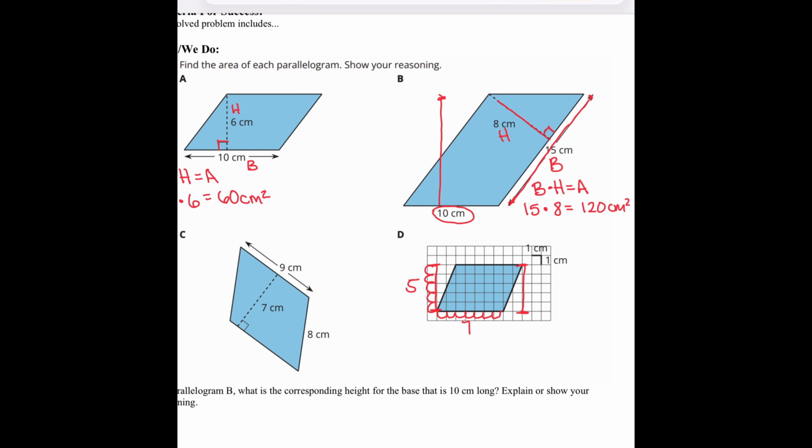So our height is 5. Our base times our height equals our area. That means 7 times 5 equals 35. Okay. Always do the little hops like that rather than just drawing a line. It's easier to see what's going on. It's easier to count.